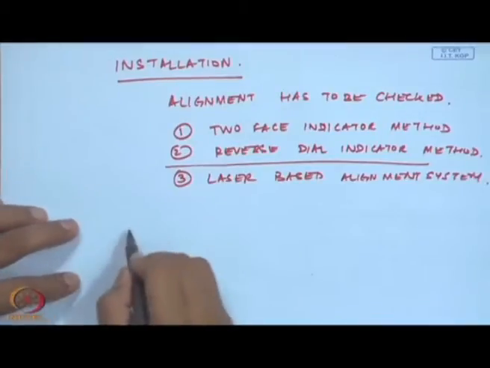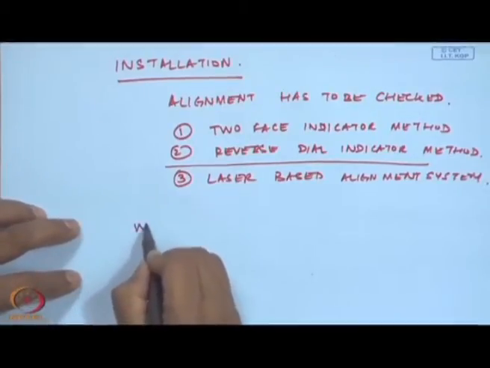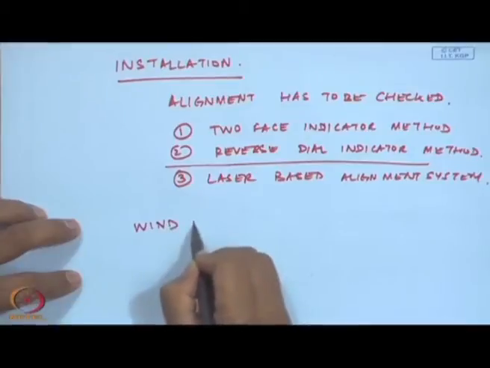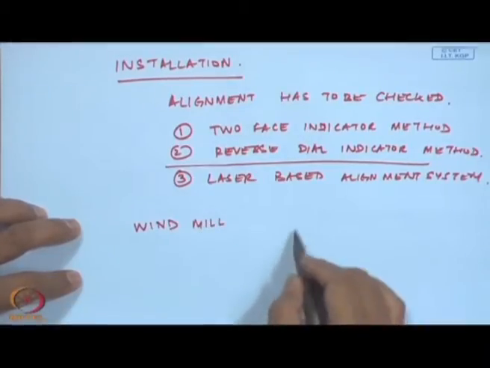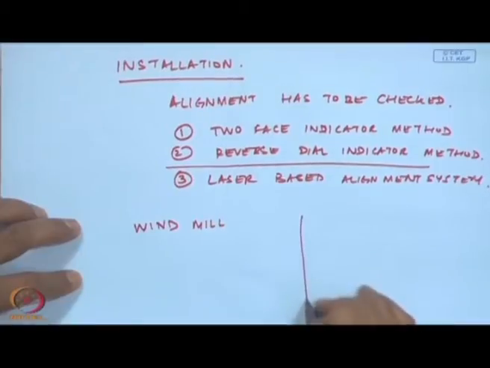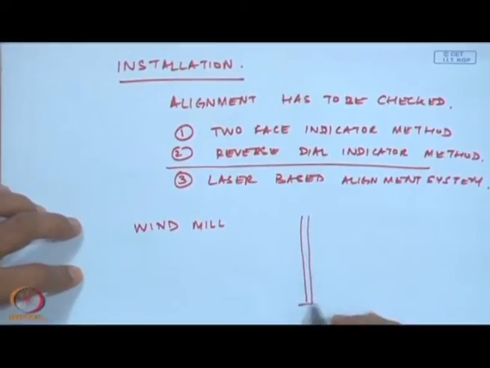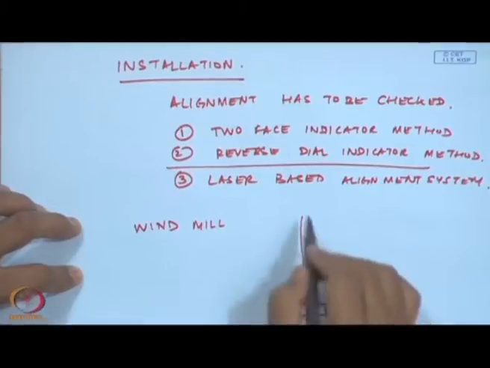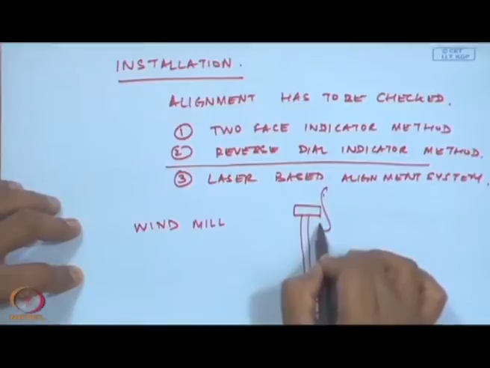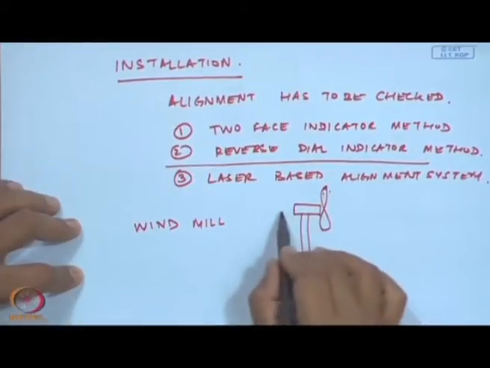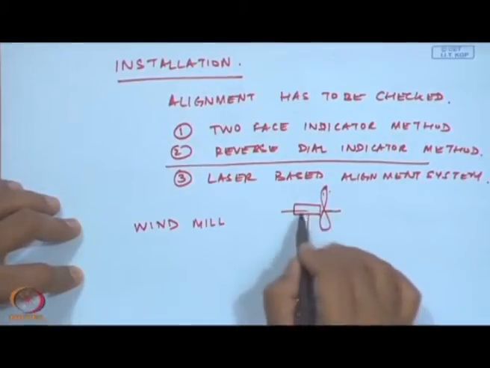But imagine the case of maybe a windmill, where there is a long shaft, and then we have this gearbox here, and then the fan here, and there is a coupling here.